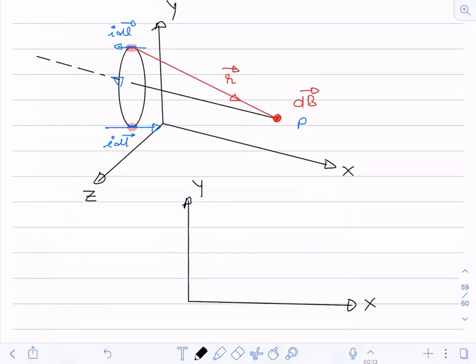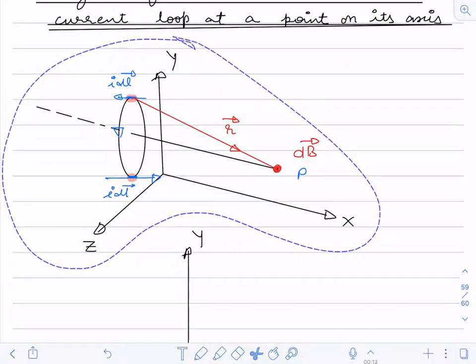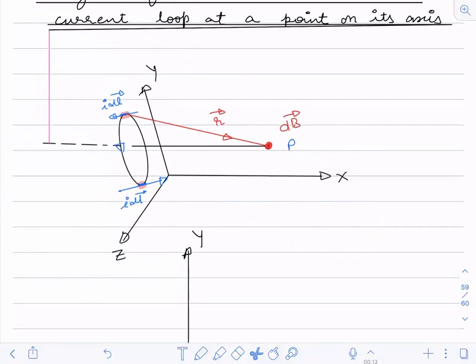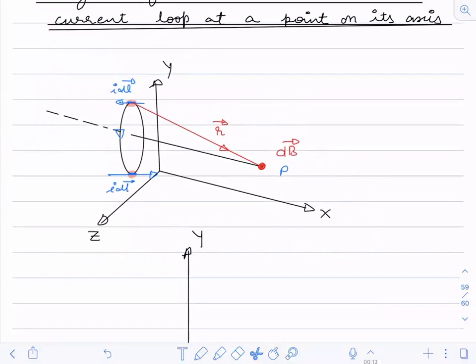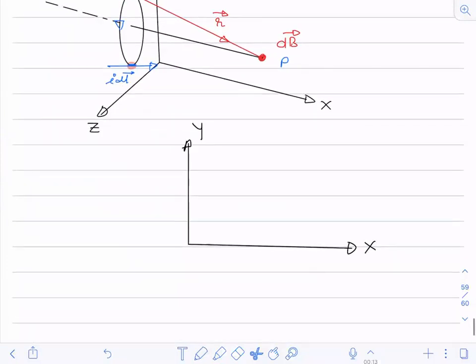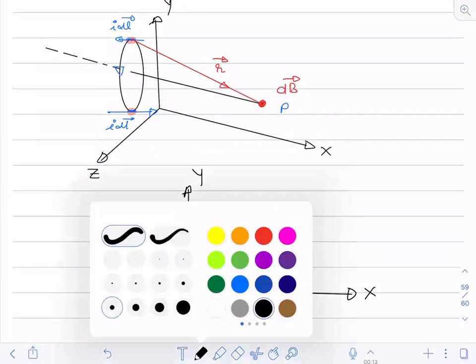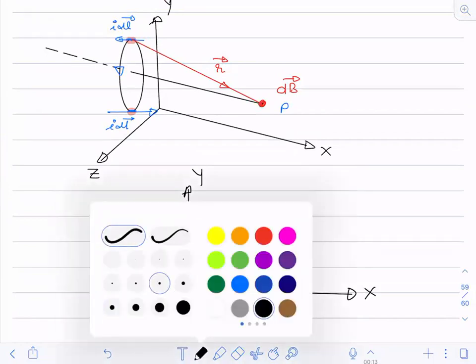What I'm trying to do is make this complete figure like this, where the y-axis becomes perpendicular. If you visualize it like that, the ring is going to look somewhat like this to you.